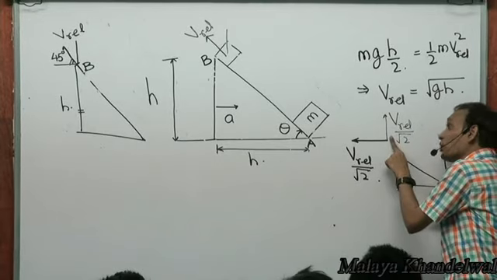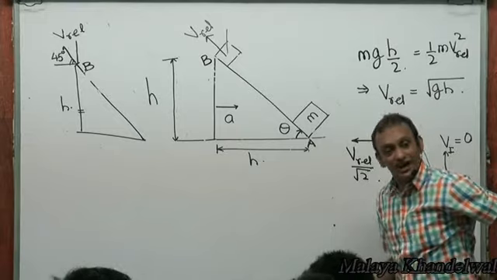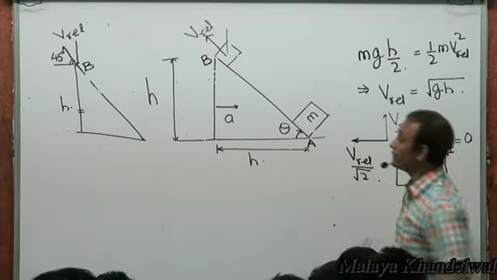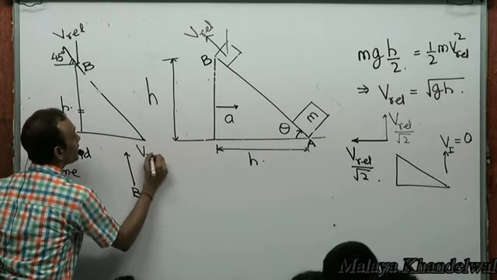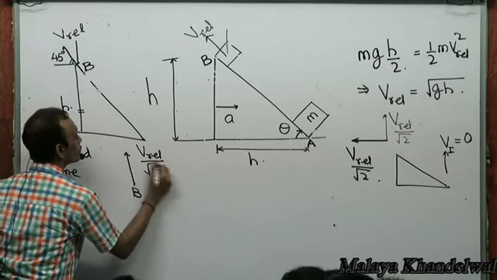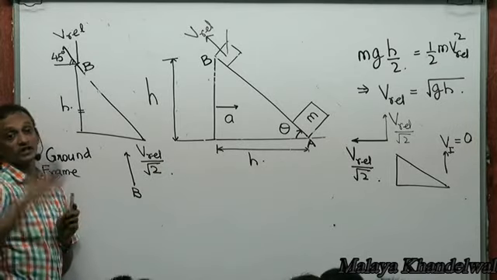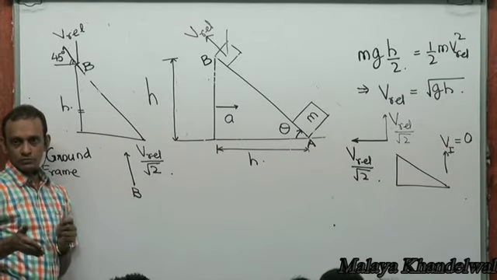So even in the ground frame, the velocity of this particle at B in the vertical direction is going to be vrel by root 2. Yes or no? Because the inclined plane has no vertical motion. vrel by root 2 means root gh by 2, etc.